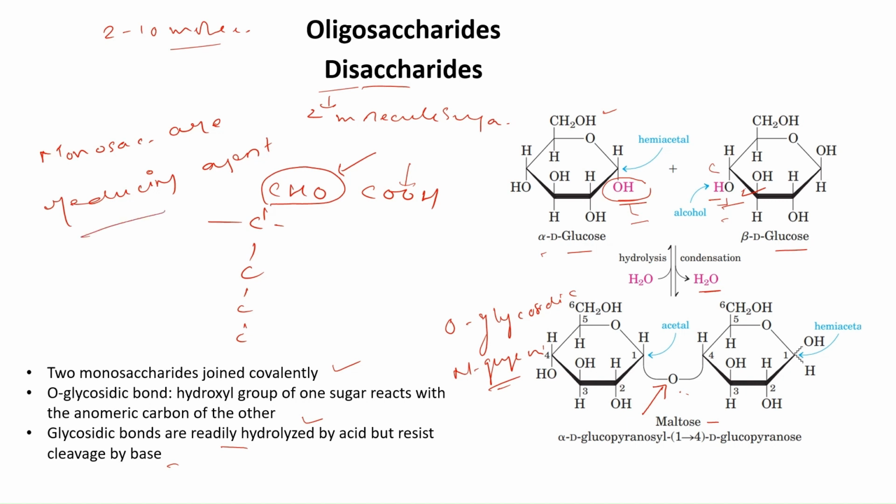So to become a reducing agent, the oxidation happens at the first carbon. Now, in the case of a disaccharide, one sugar's anomeric carbon is involved in a glycosidic bond. This anomeric carbon is the first carbon, that is the aldehyde group carbon.